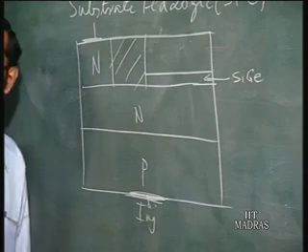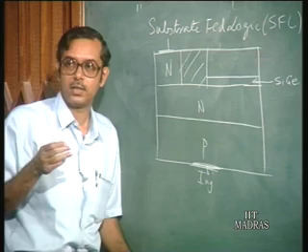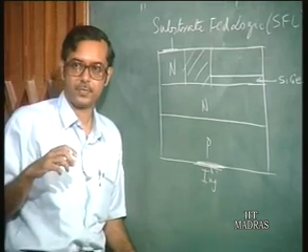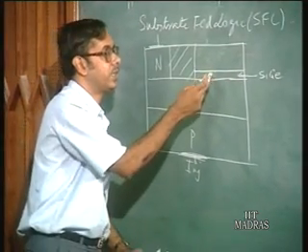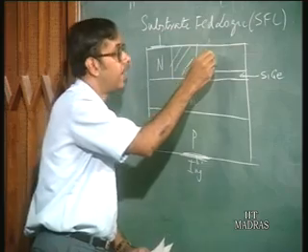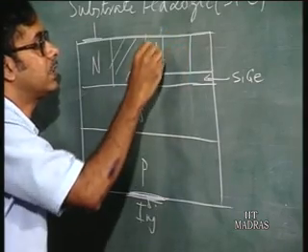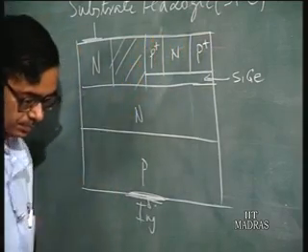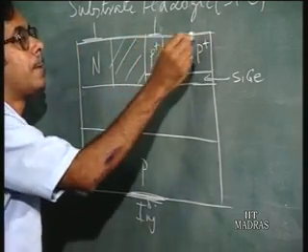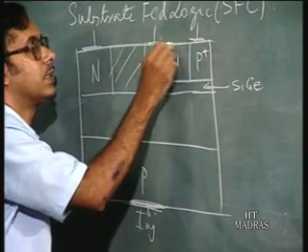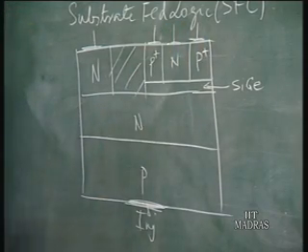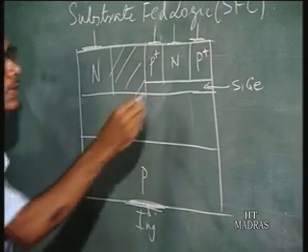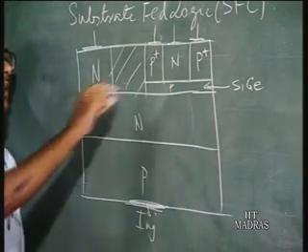Now, silicon germanium is also a heterojunction. Silicon germanium has a lower band gap compared to silicon, and so this is a heterojunction. This is one of the structures they have studied. So this is P plus and this is N. If you look at this structure, this is P type silicon germanium.